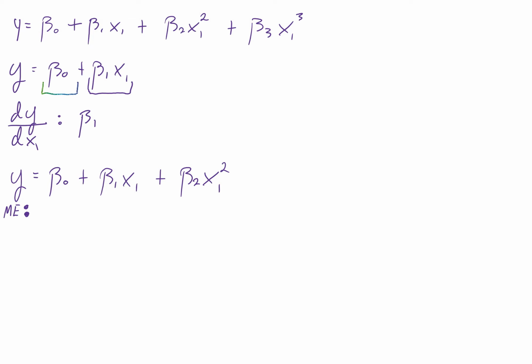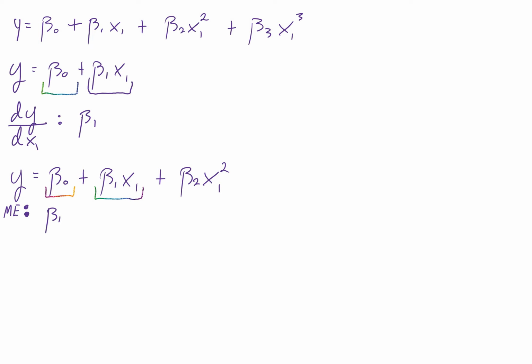Let's do exactly the same thing we did before. We want to take the derivative of beta 0 with respect to x1. Again, it's a constant, so it's just going to be 0, so we'll leave it off. Now let's do the next one: the derivative of beta 1 times x1 with respect to x1. That's just going to be beta 1 again.